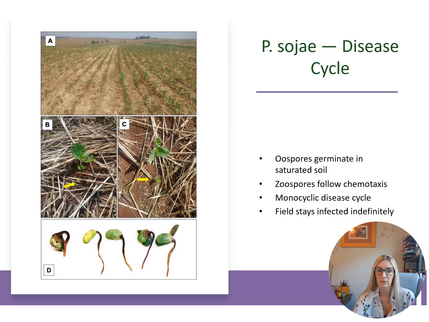However, environmental conditions determine the severity of infection. Extended periods of saturated soil greatly increase disease pressure. Because oospores can persist for more than 10 years, once a field is infected, it remains infected indefinitely.